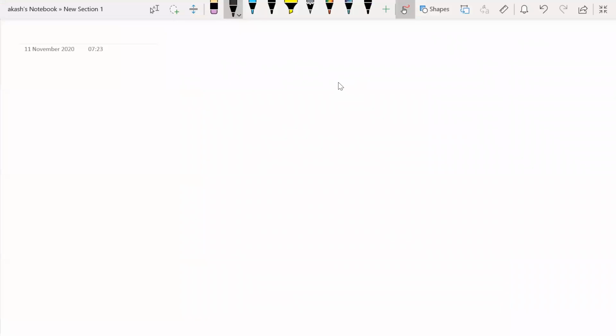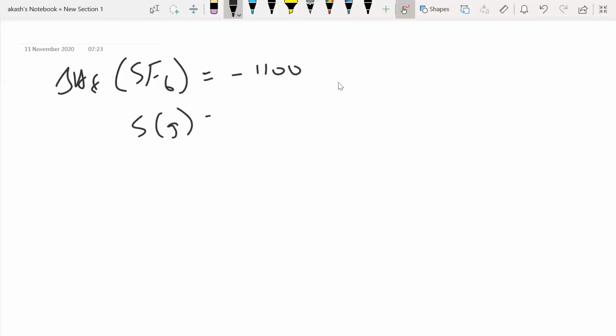Okay, so next problem. They have given delta HF of SF6, sulfur hexafluoride, as minus 1100, and that of S, the sulfur atom gas, is plus 275 kilojoules, and that of F gas is plus 80 kilojoules per mole.